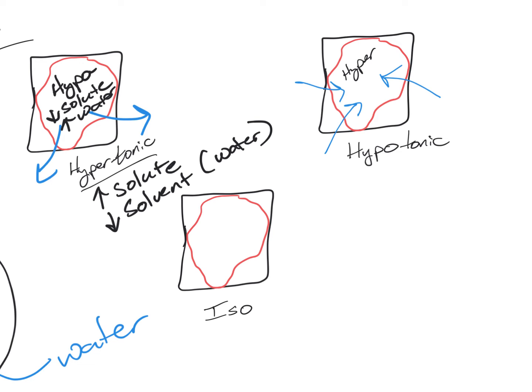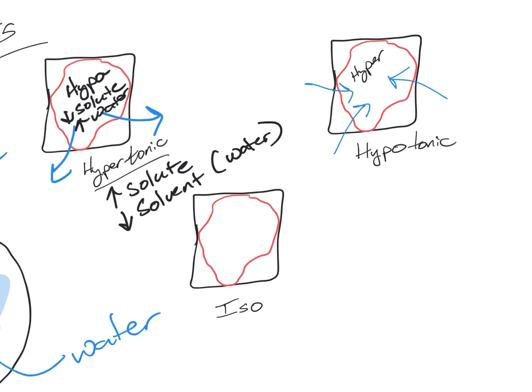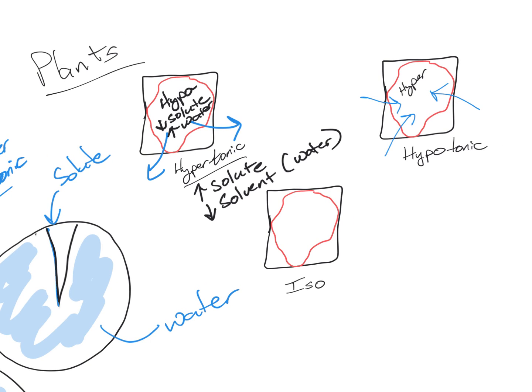Now, if water's going in, what's going to happen to this thing? Oh, by the way, I should mention, if water's leaving, what's happening to this membrane? It's shrinking. Now, this is called plasmolyzed. And you can see the drawing. They draw it better in the project.